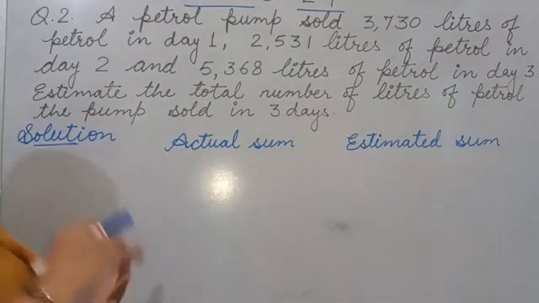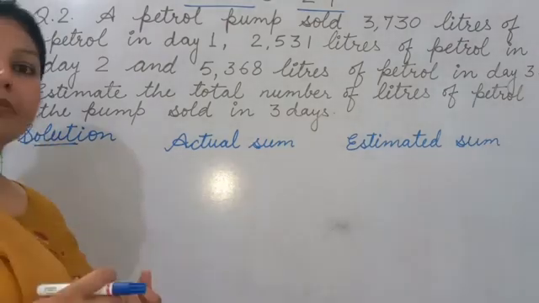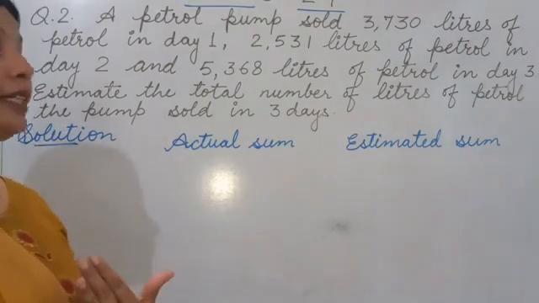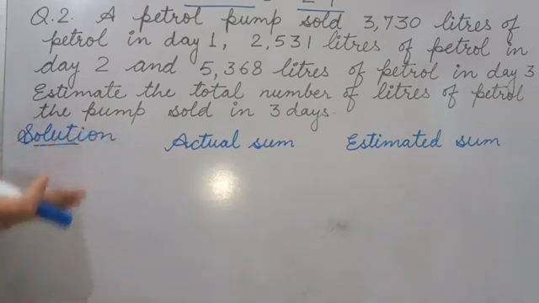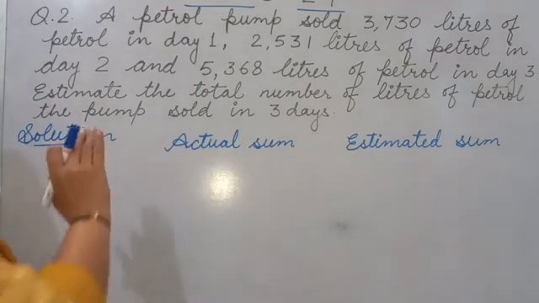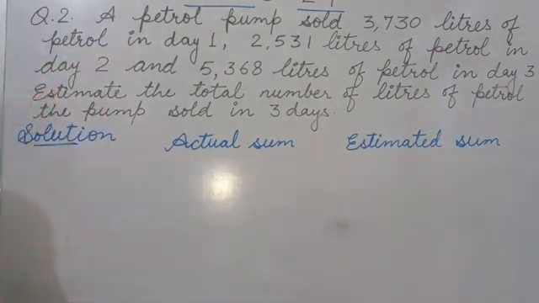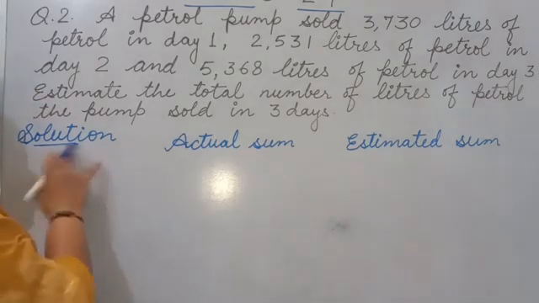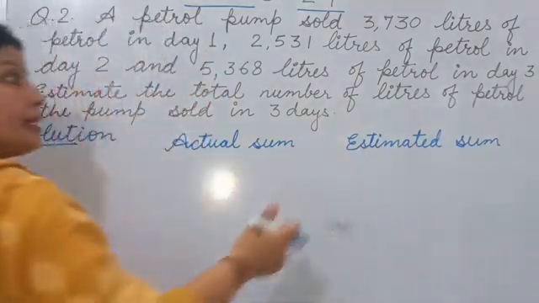Okay. So for the estimated sum we should round the numbers and add them, then that will be the estimated sum. It's the same as question number 1. Here there is no need to write the sentences. You should find only the estimated total. So let me do the solution.